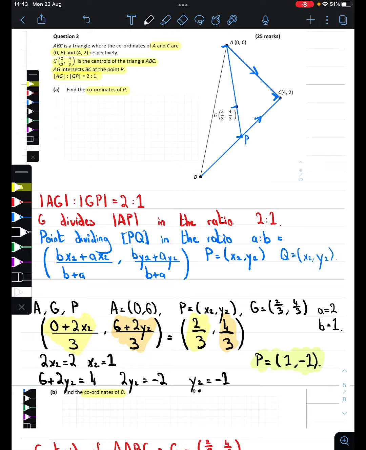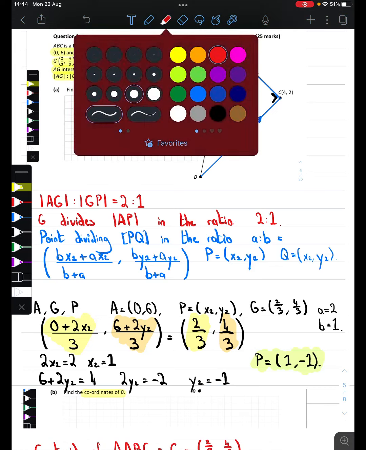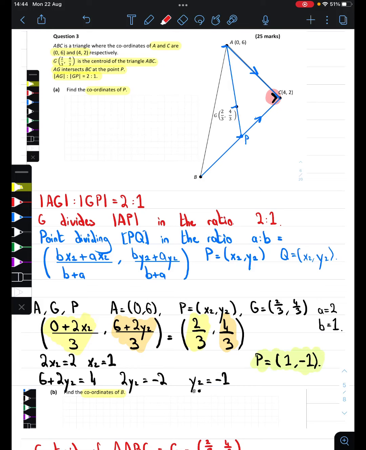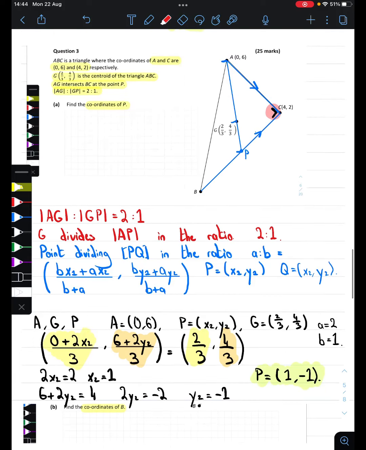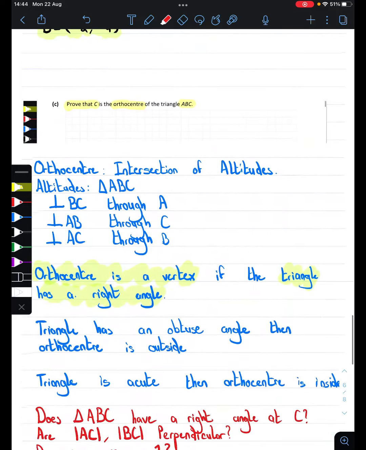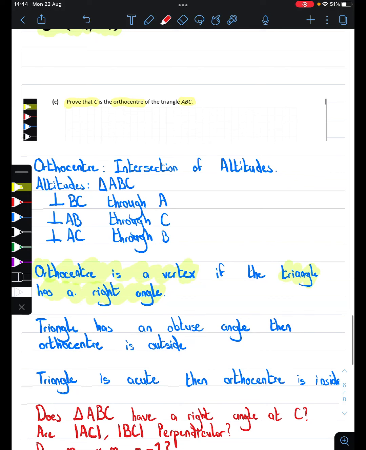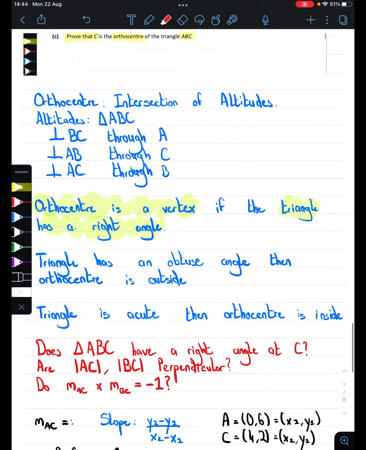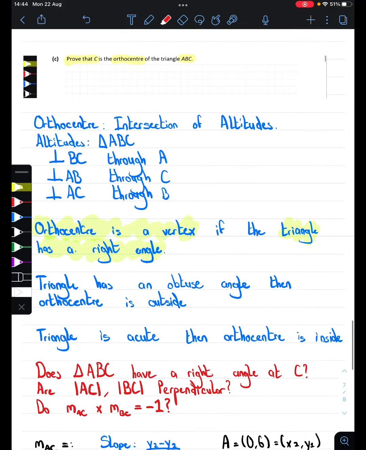And because AC and BC are perpendicular, the triangle ABC has a right angle at C. And since ABC has a right angle at C, its orthocenter is C. Now this is a tricky question.